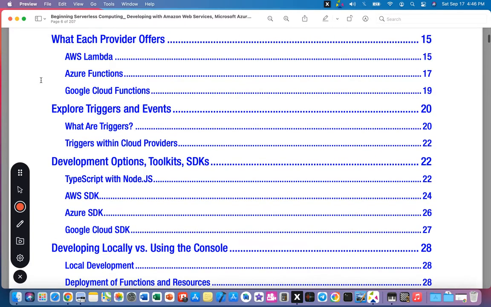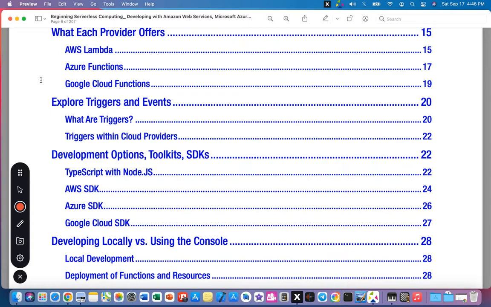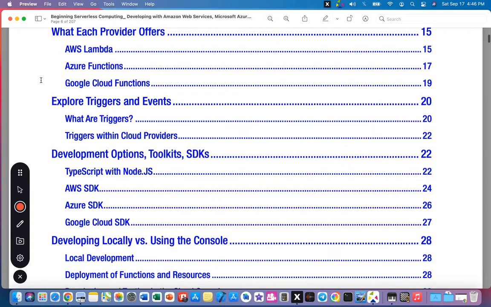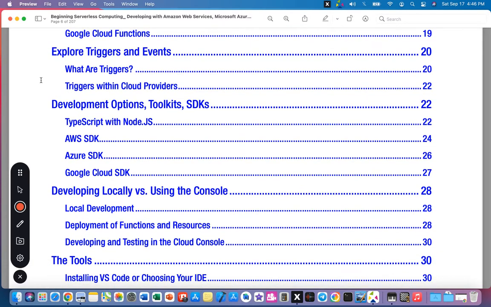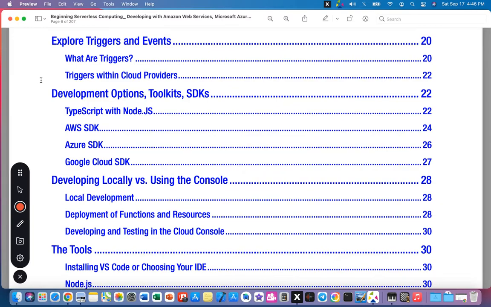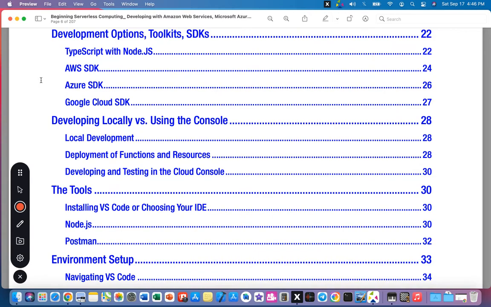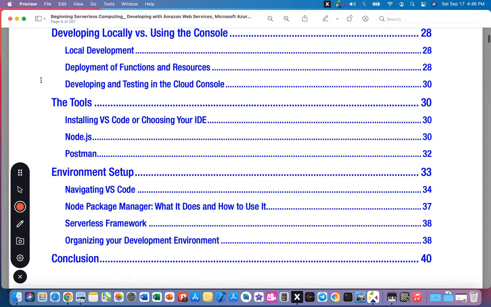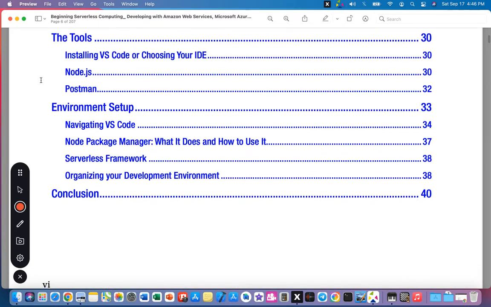exploring what each provider offers. It talks about the Amazon, the Microsoft, and the Google products, and it talks about exploring triggers and events, development options, toolkits and SDKs, developing locally versus using the console, and the tools, right?